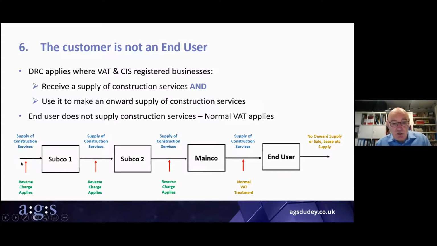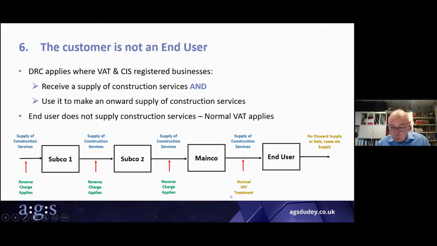So if we look at this illustration, you can see that we've got 2 subcontractors, the main contractor and an end user. The subcontractors each both receive and make onward supplies of construction services. So the reverse charge will kick in fully. But the main contractor, although they receive construction services, supply them on probably in the form of a completed building, a constructed building.